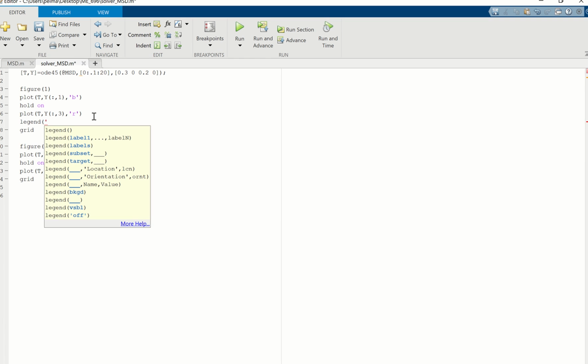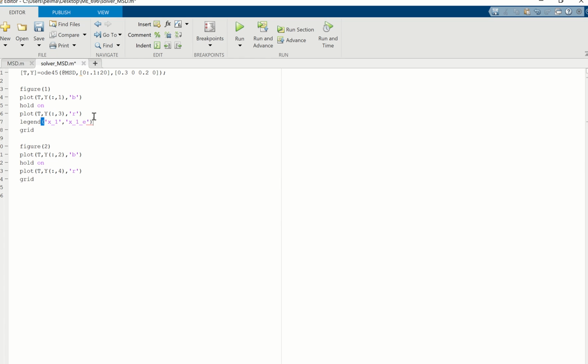Okay, so let me say legend is x1 and x1 estimated, and the same here to make it understandable: dx1 velocity and dx1 estimated.